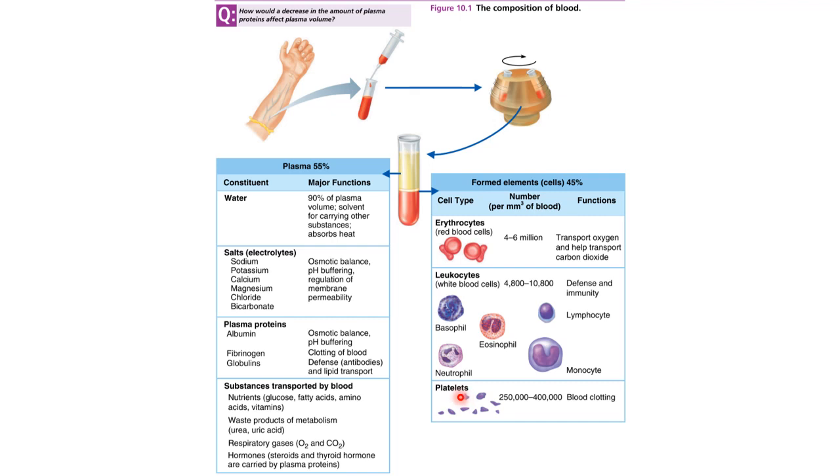So, etong platelets, you will understand as platelets develop, yung platelets na nasa peripheral blood, yung kinuha natin, would be fragments of a larger cell. Okay? Kaya ang platelets are not actually cells, but just portions pinched off from a bigger cell. Okay? And the function of platelets would be for blood clotting.